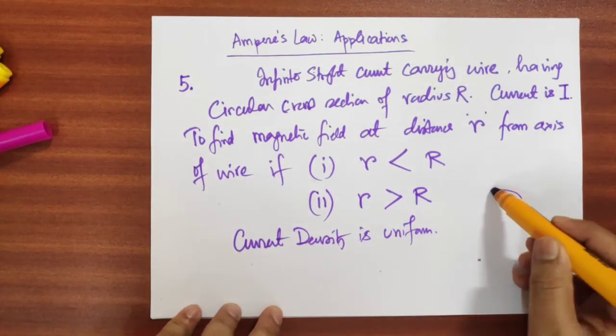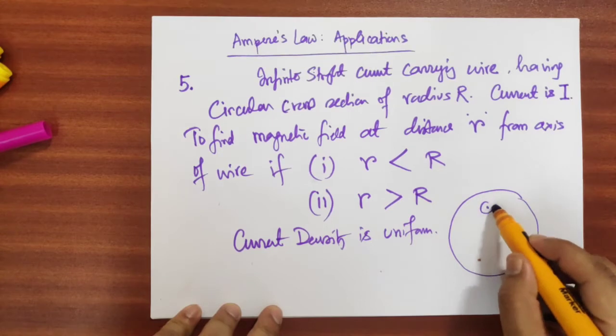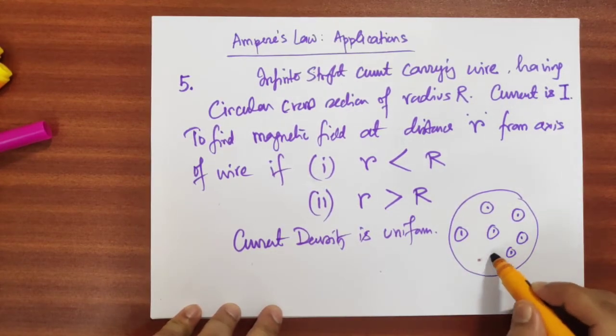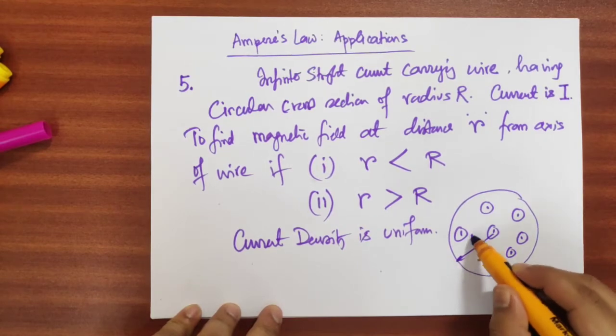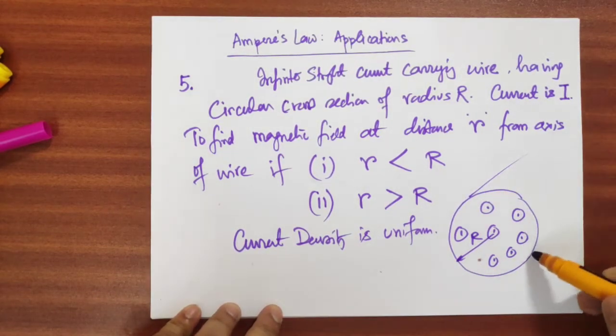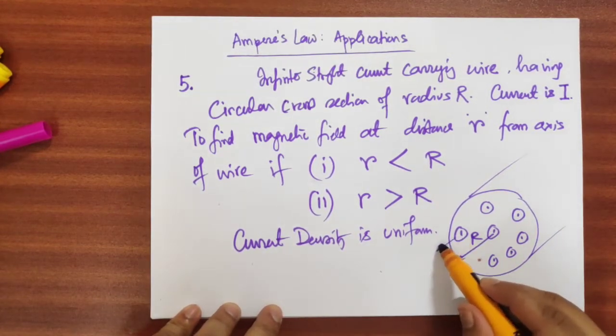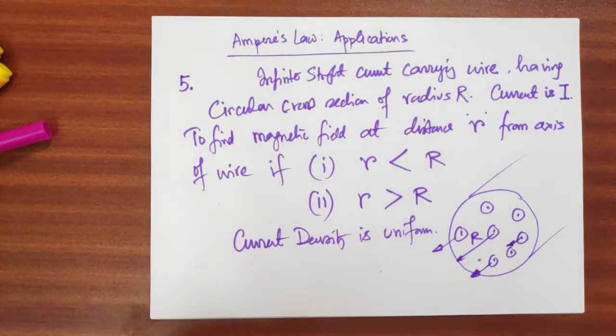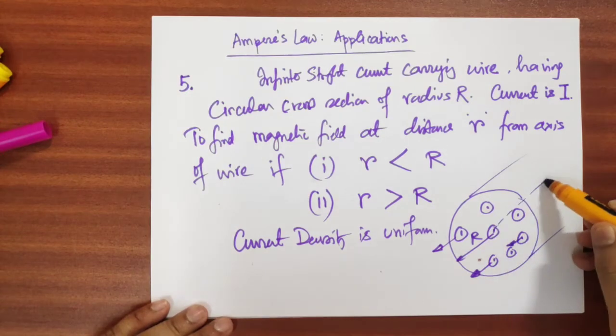That means if this is the current carrying wire, this is the current which flows uniformly throughout the circular cross section of radius R. This is how the current flows, and this is the axis of the wire.